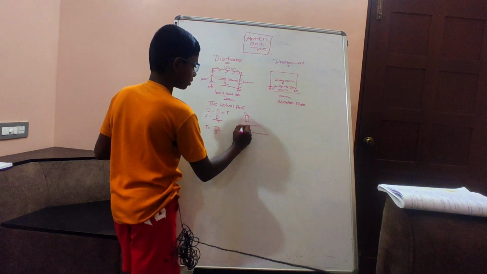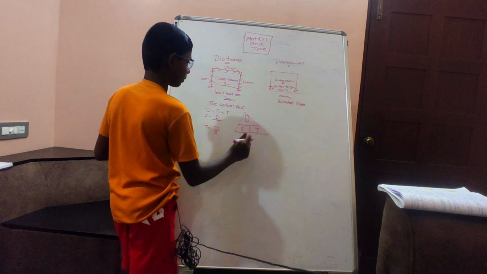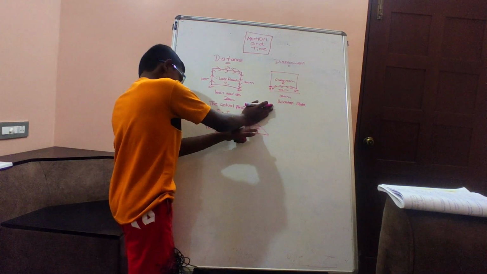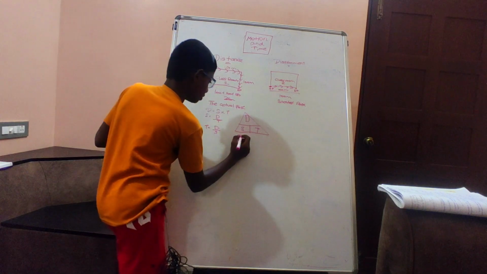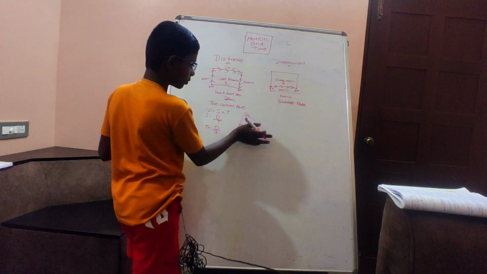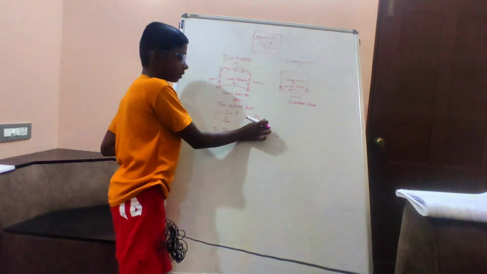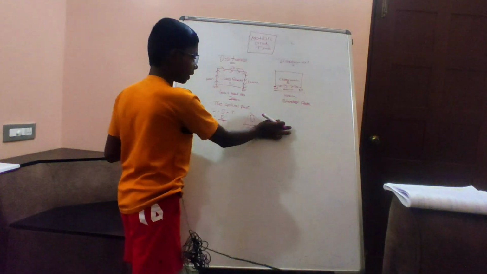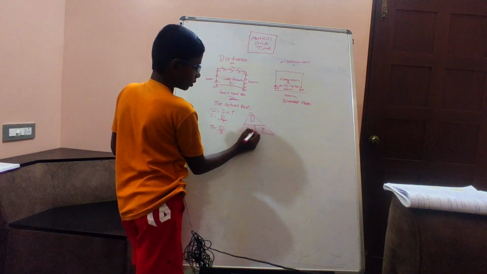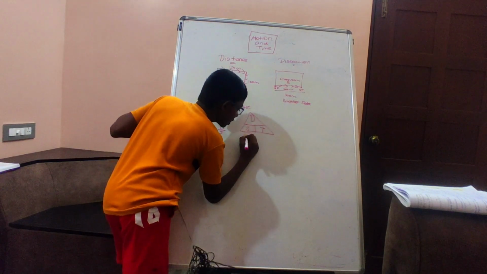This is distance, this is speed and this is time. So distance is equal to speed into time, speed is equal to distance by time, and time is equal to distance divided by speed. This is what we call the formula triangle.